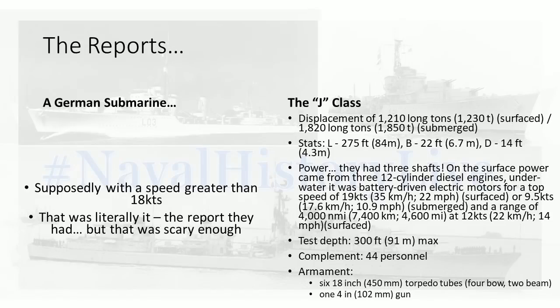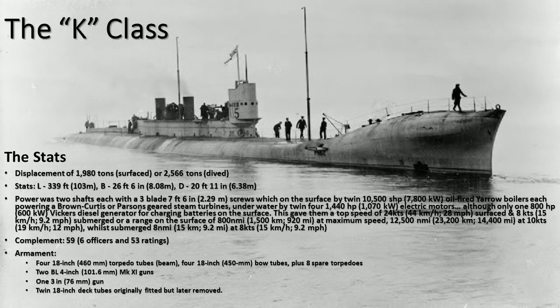If we compare that to the previous vessels, well, the J class, they have put on a bit of weight. In fact, one could argue they put on 750 tons worth of weight. Howza! That's a whole nother submarine if you consider some of the smaller subs.